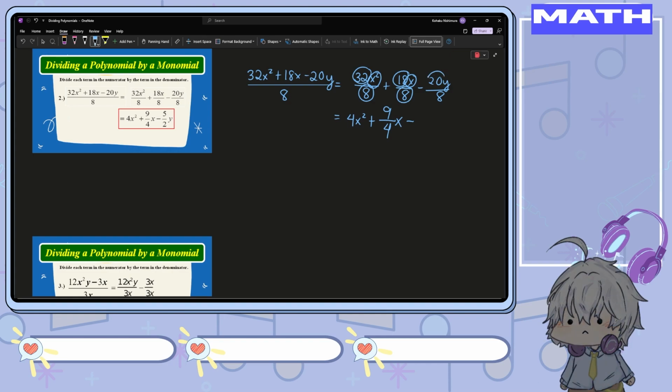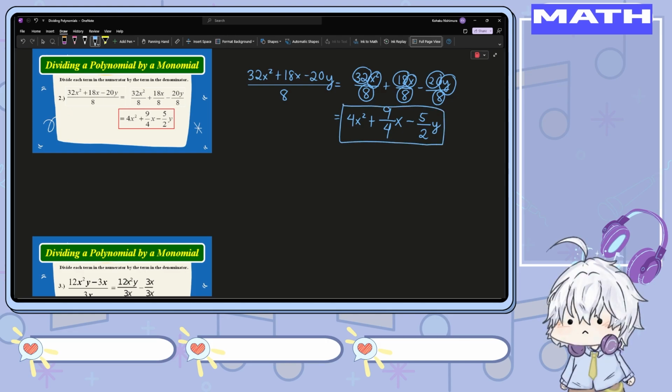Minus 20 and 8 can be divided both by 4. And if we do so, 20 divided by 4 is 5. And 8 divided by 4 is 2. And we copy their exponent y. Thus the final answer is 4x squared plus 9 over 4x minus 5 over 2y.